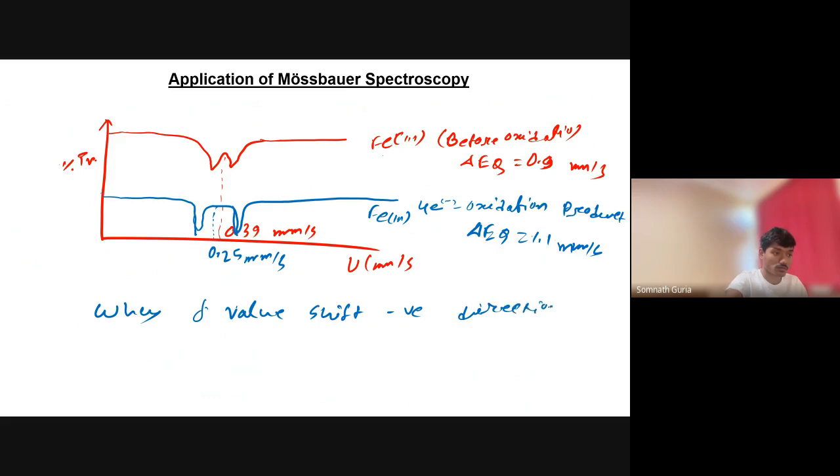Initially that was 0.39 millimeter per second. Now this delta value shifts to a more negative direction, that is 0.25. So why is it happening? The question should arise in your mind. What is the reason behind it? You can find it. How?